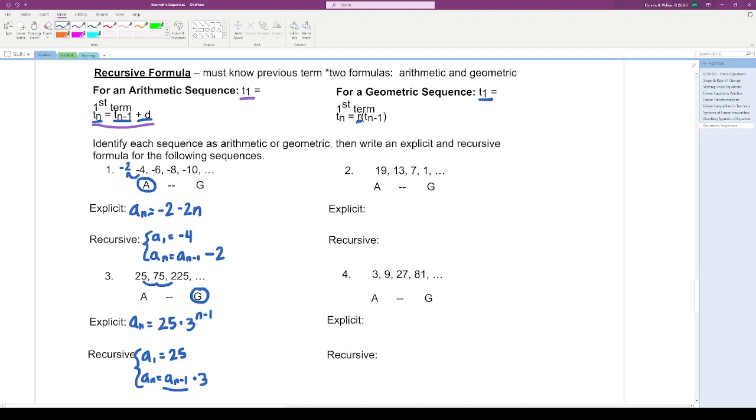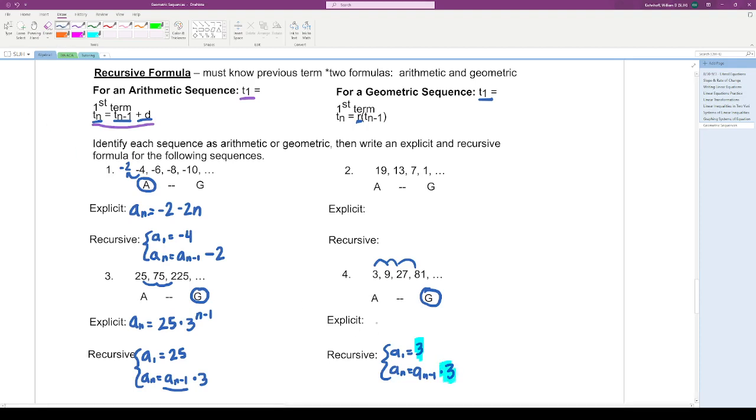Instead of writing the explicit directly, let's use the recursive and see how we change one to the other. So here we have times 3 times 3 times 3 again, so that's geometric. Our recursive formula, a1 is 3, and any term is the previous term times 3. So if I want to change that into explicit, the 2 important pieces of information are term number 1 and the common ratio.